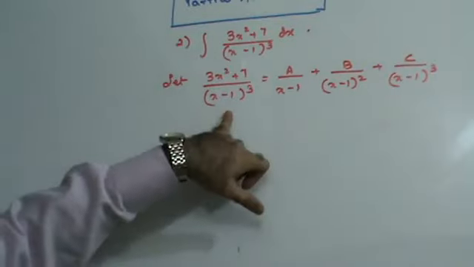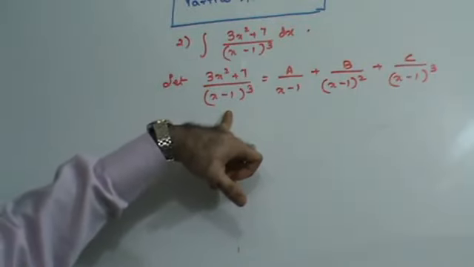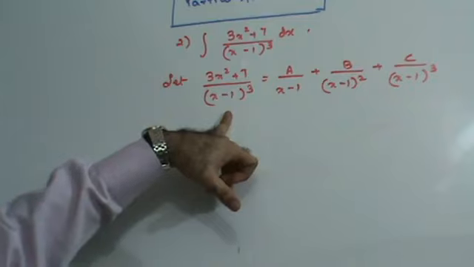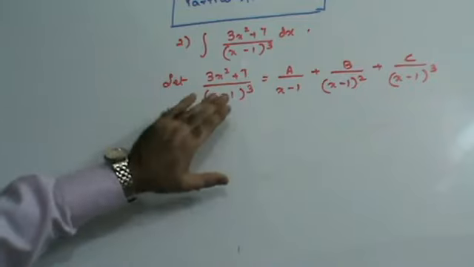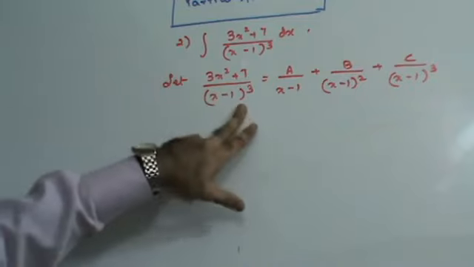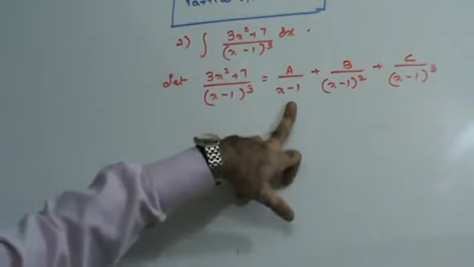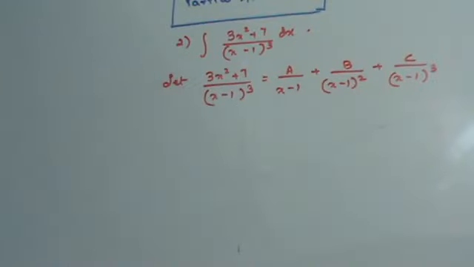Guys, observe this step very carefully. You have to start with indice 1 till the given indice. Base as it is from indice 1 to the given indice. So, raised to 1, raised to 2, raised to 3.